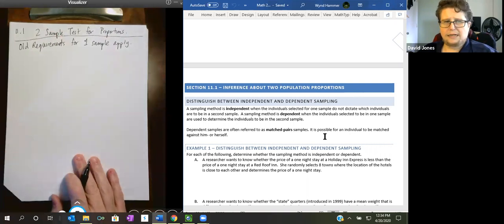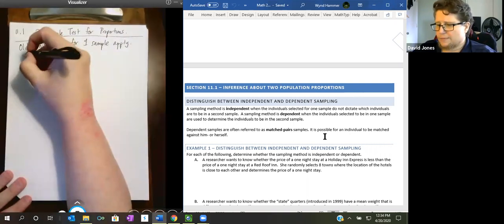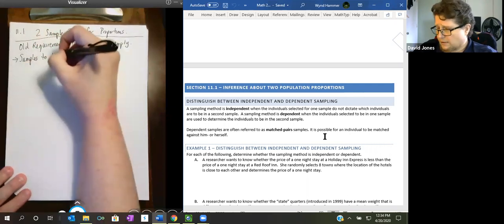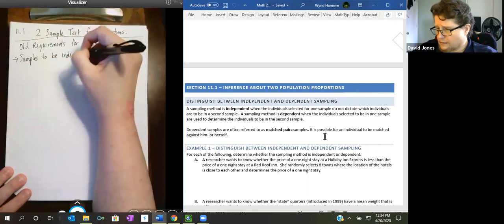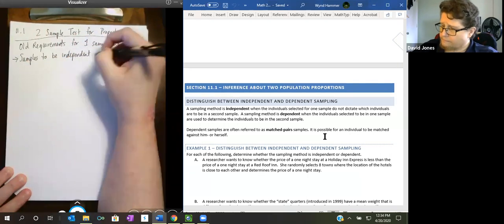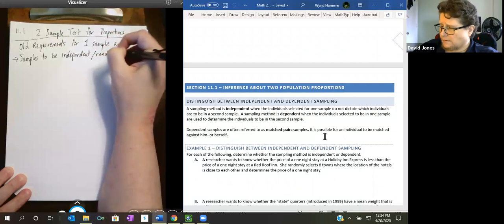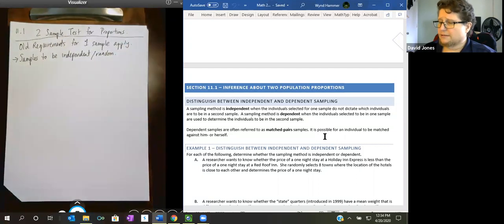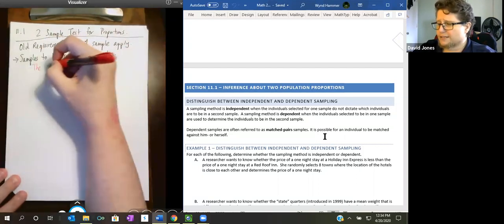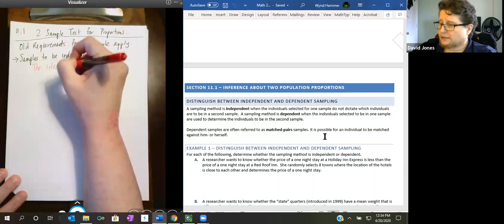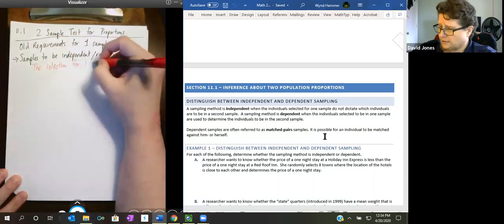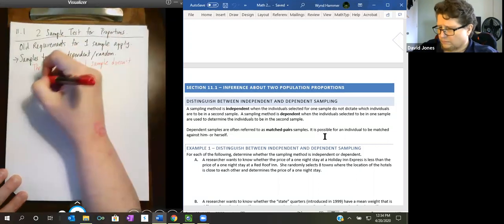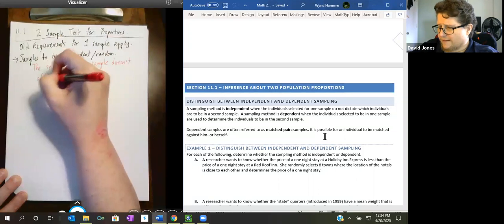So we want our samples to be independent and random, which means the selection for one sample group does not affect the selection for the other.